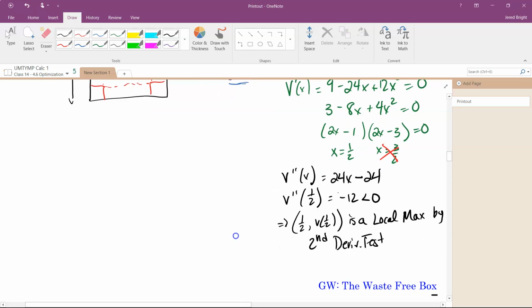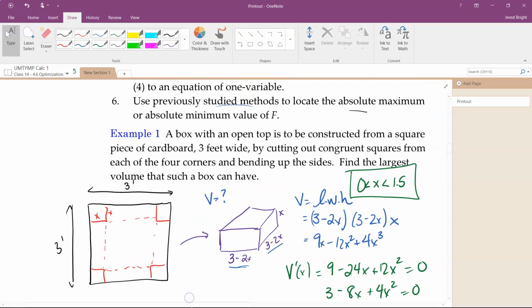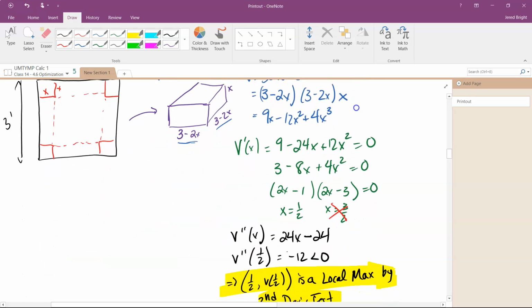After this, I'll tell you that doing this sort of verification is the number one thing that students forget. The second thing they forget is that they got an x value and think they're done. Well, am I done? I have to reread the problem: find the largest volume. I'm not done because I have to find the largest volume.